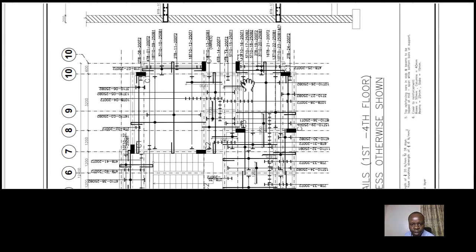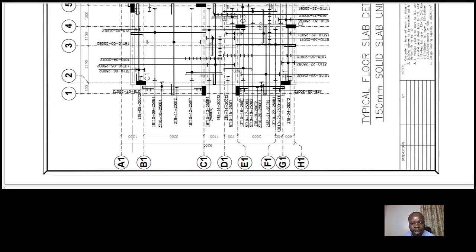Then there is another part here, another part between the columns, that is grid C1 and E1. There is another portion to that point, so we also need to deal with that. Looking at it, we have a longer side coming from 700 to 1100, that gives us a total of 1800.